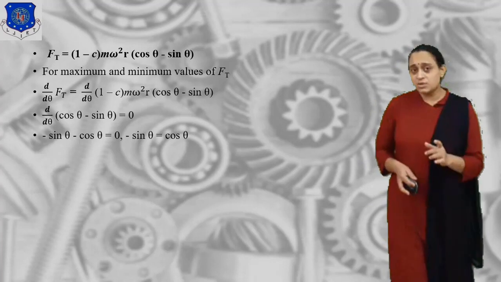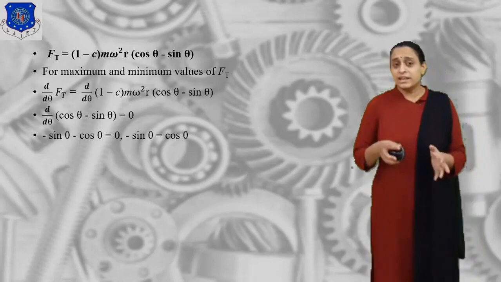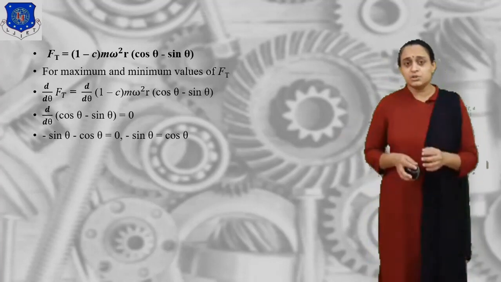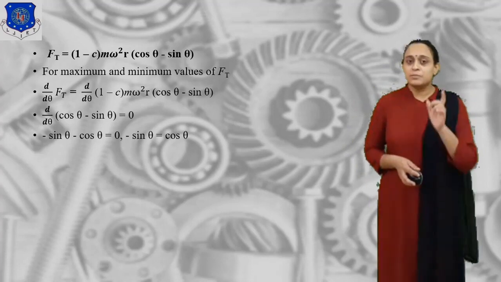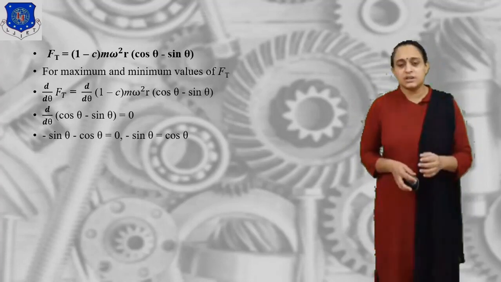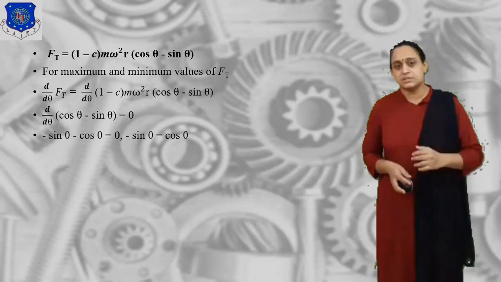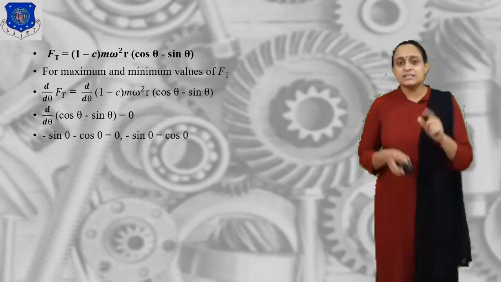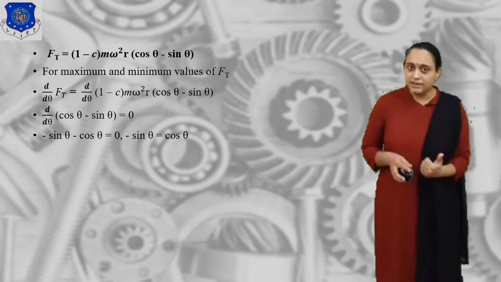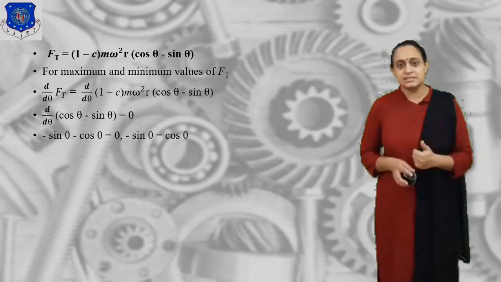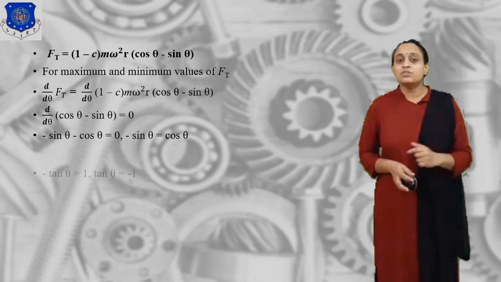Moving minus cos theta to the opposite side of the equal sign, we get minus sin theta is equal to cos theta. Now let us solve this. Minus sin theta is equal to cos theta. Now divide the left hand side as well as the right hand side by cos theta. What will we get?